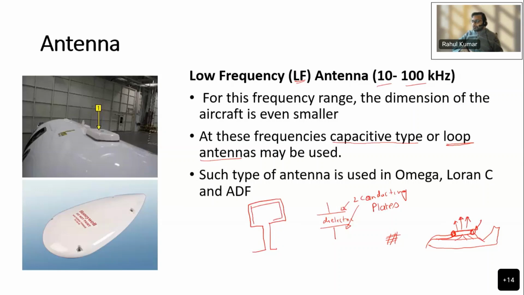Generally in a loop antenna we use an iron core, and then we wind the wire in the form of a loop around this iron core. This will intensify the radiation, accumulate more radiation and radiate more efficiently.